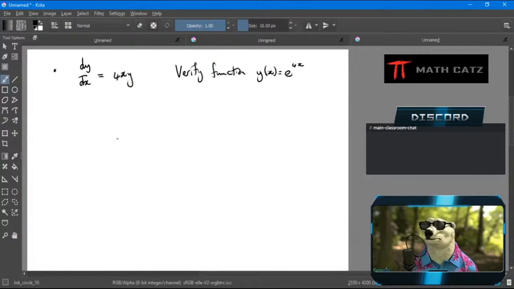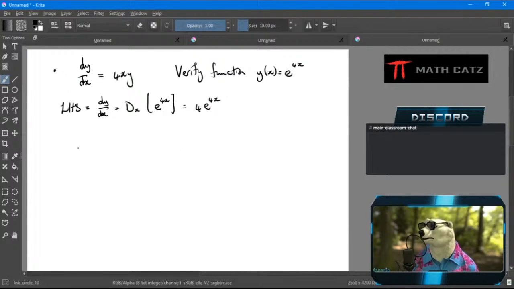All right. So now I go left-hand side, plug it in. The left-hand side requires that I take the derivative, so I will do that on this function. That is going to be 4e to the 4x. The right-hand side requires that I evaluate 4xy.